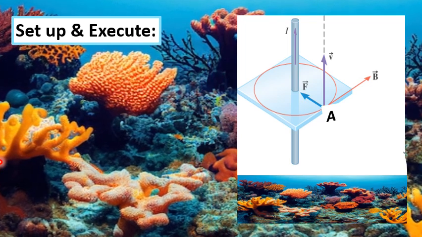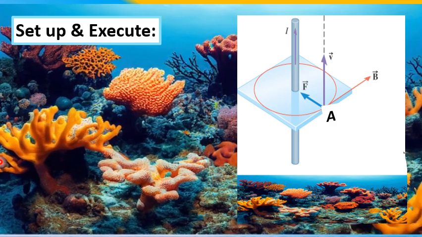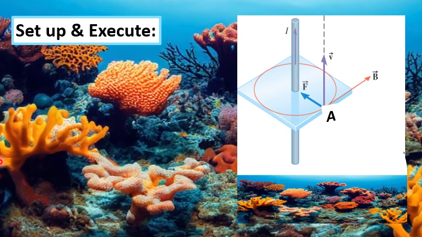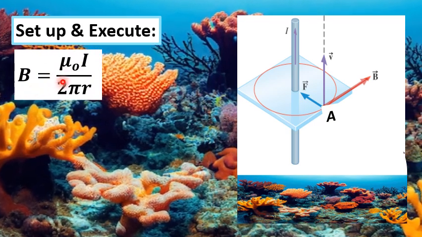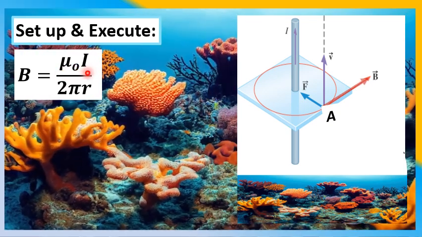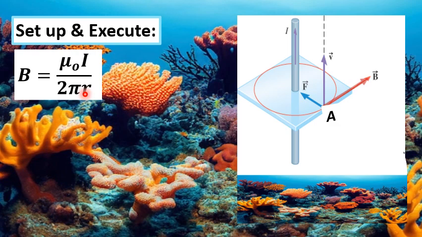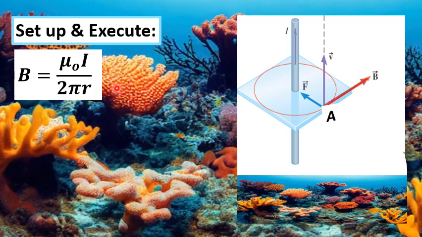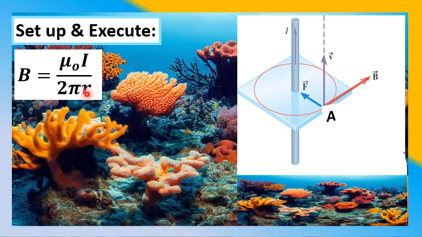The induced magnetic field, capital B, around the straight wire and tangent to point A in the figure where the charge Q naught is located can be determined using the equation magnetic field capital B equals a constant mu naught multiplied by the current I divided by 2 pi times the distance of the charge Q naught from the wire, which is denoted by small letter r.